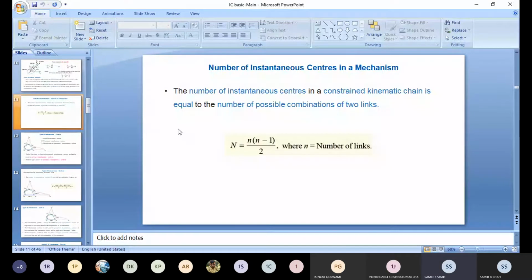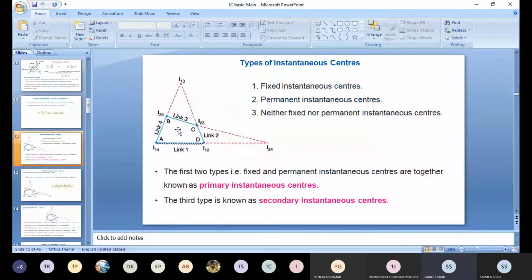They may be considered as link 1, which is AD, link 2, which is DC or CD, link 3, which is BC, and link 4, which is AB, as shown in the figure.